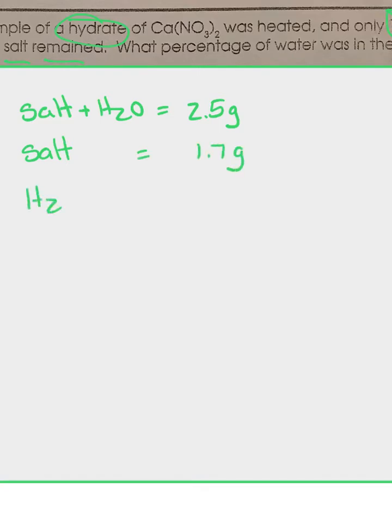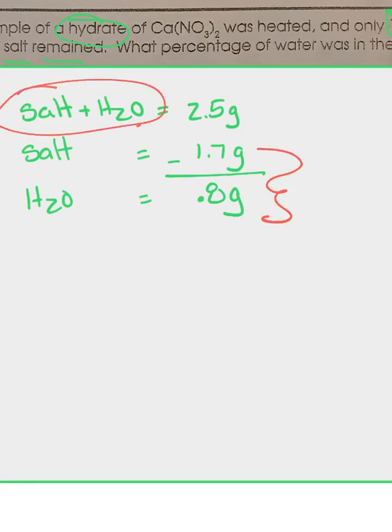So the water has to equal 0.8 grams. All I did was subtract these two, because remember, let's use red, these two numbers, the salt and the water, make up this salt and water. All right, the percent of water is going to be the part that's water over the whole thing times 100.